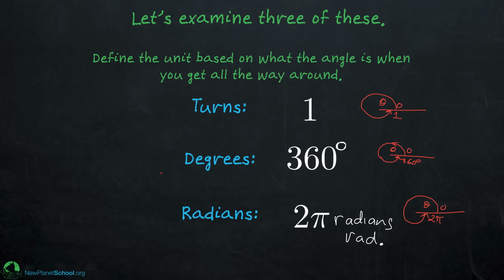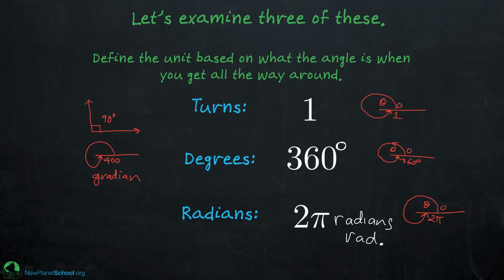Now, I also mentioned earlier the gradient, so let me throw in a fourth example. In the gradient, if you go all the way around, you get to a value of 400. That's another nice unit. The reason this one might seem slightly intuitive to you is we often look at 90-degree angles. If we have a 90-degree angle, we call it 90 degrees.